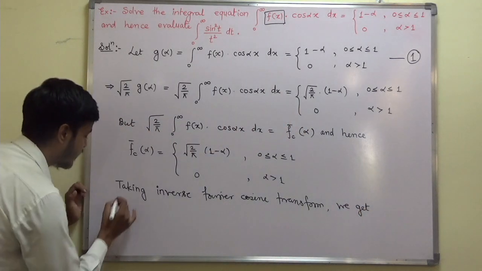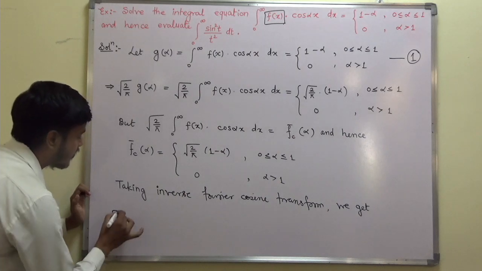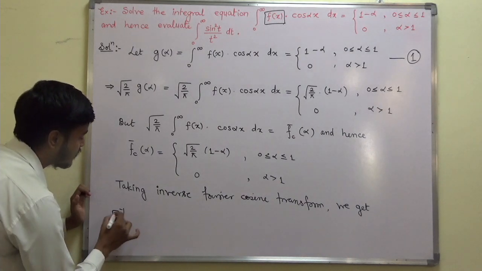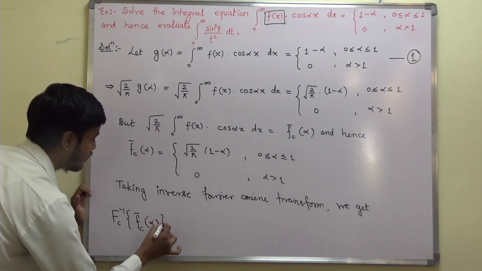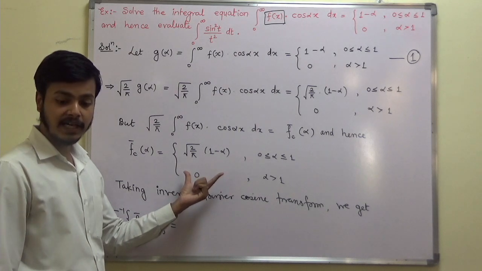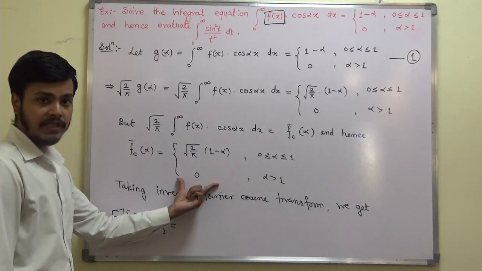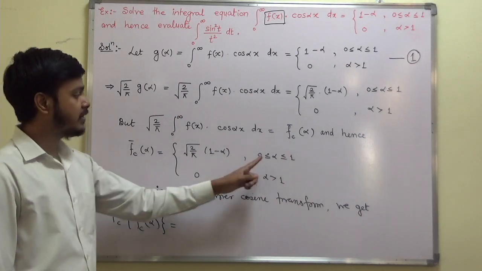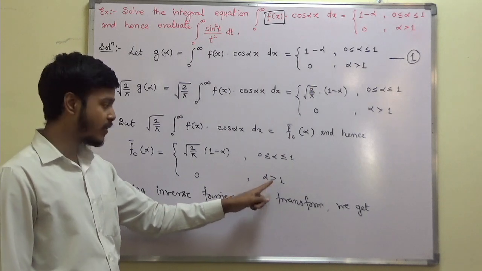The inverse Fourier cosine transform of Fc bar of alpha is equal to, and as you can see here, we have this in the interval 0 to 1 and greater than 1, so I need to break it.